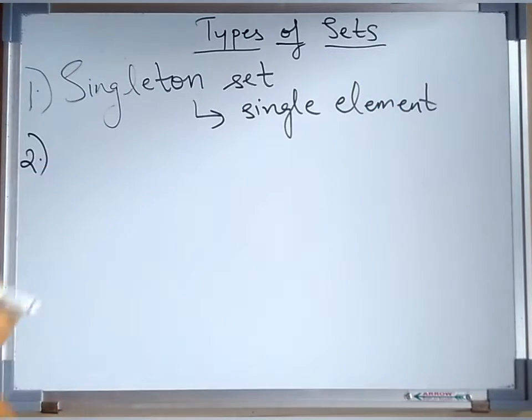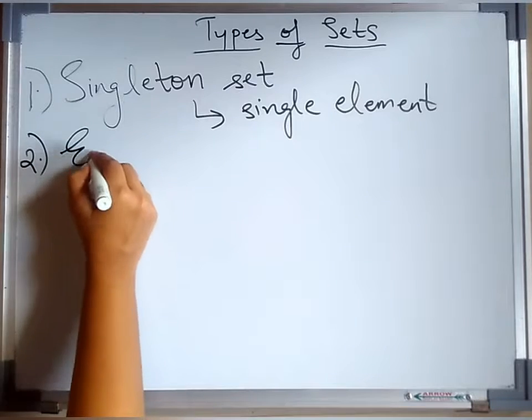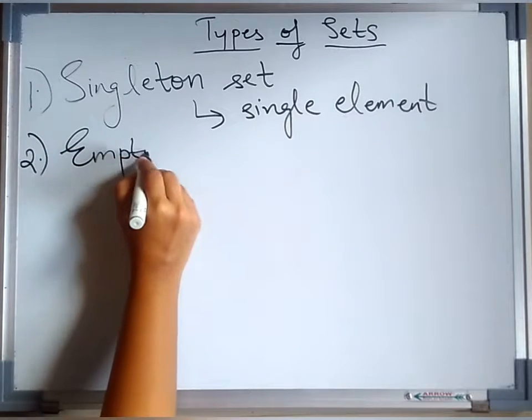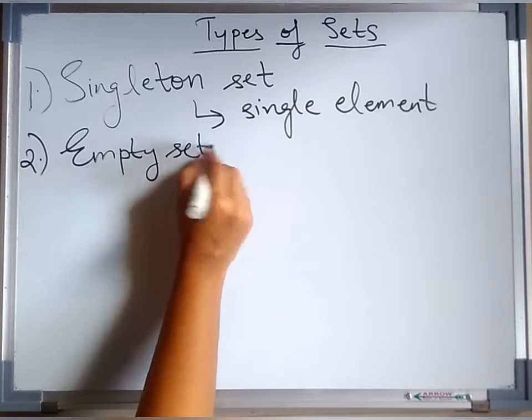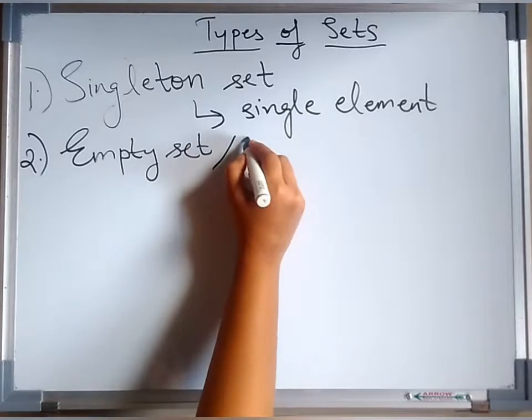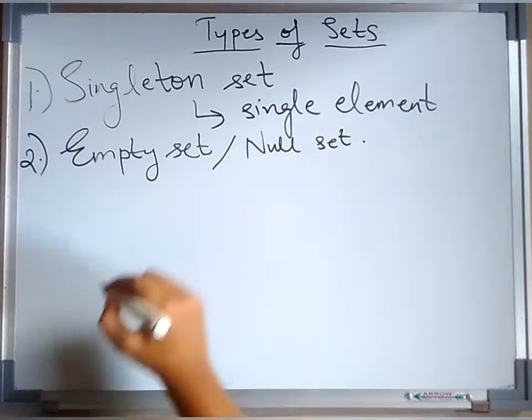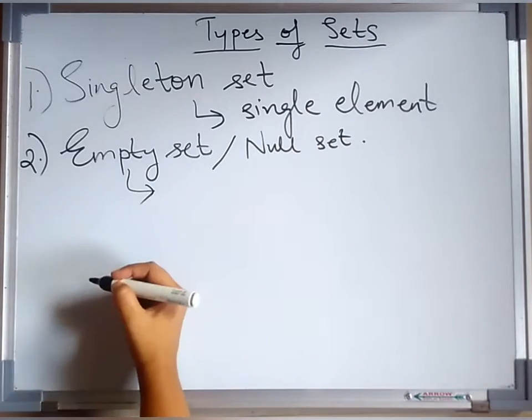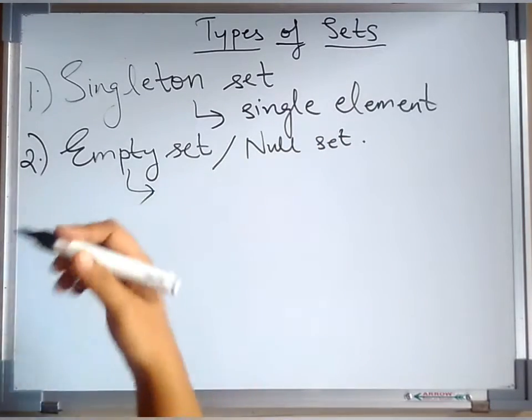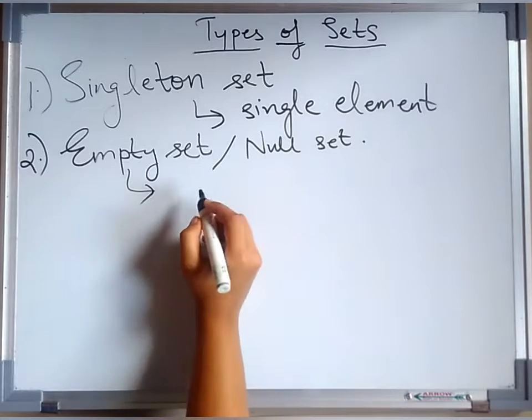The next major type is empty set or null set. Empty, as the name suggests, the set doesn't have any element in it.